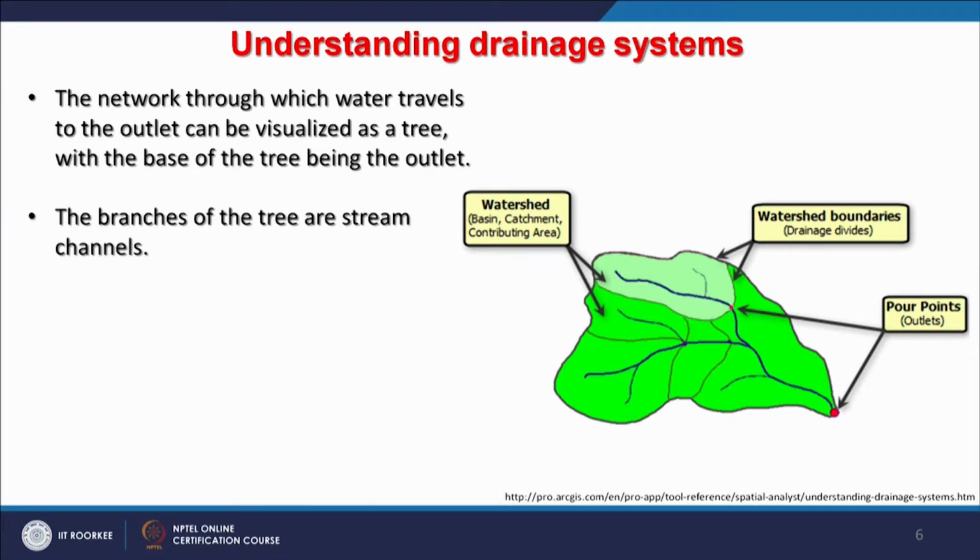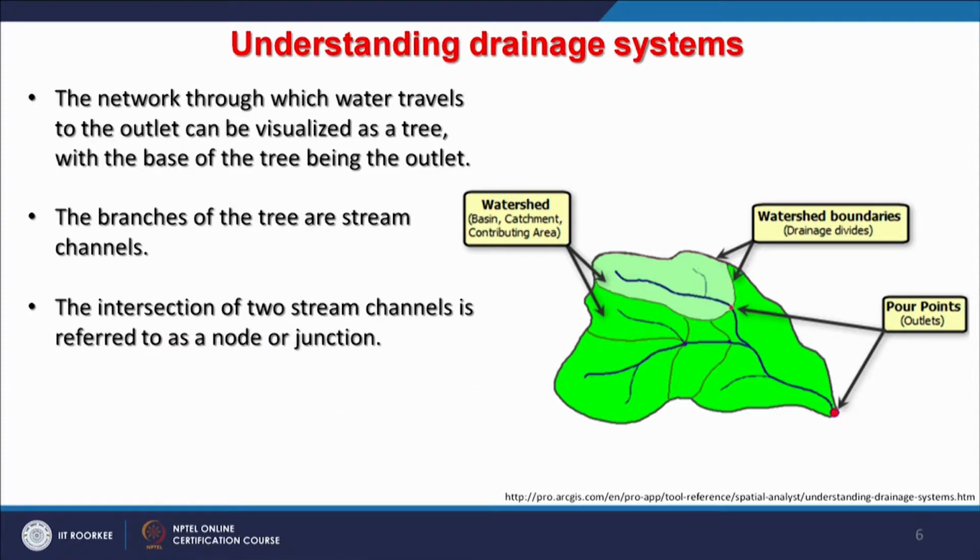There are patterns, but we will discuss them a little later. The branches of these trees are the stream channels, or drainage lines, and the intersection of two stream channels is referred to as a node or junction.